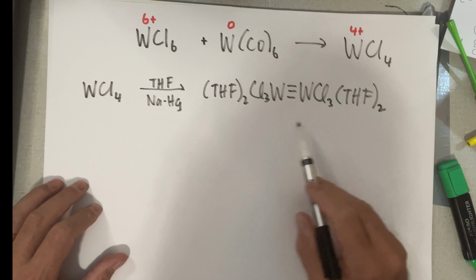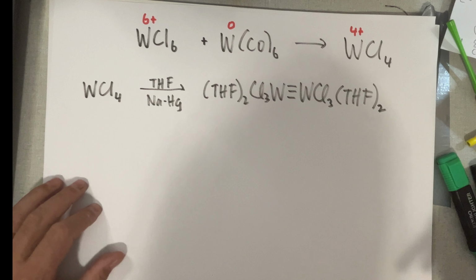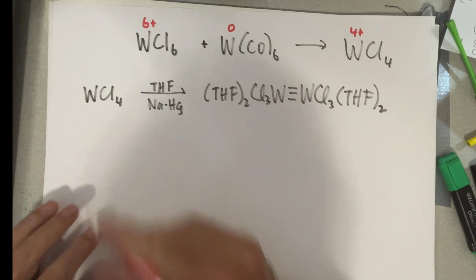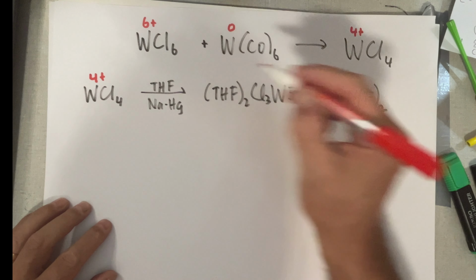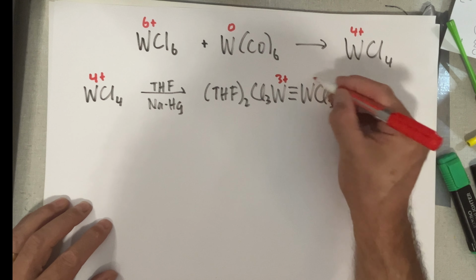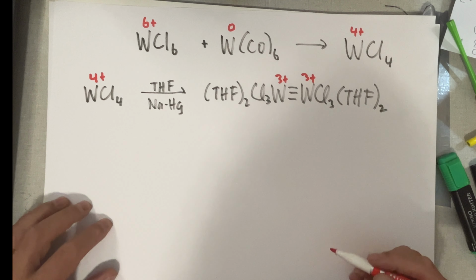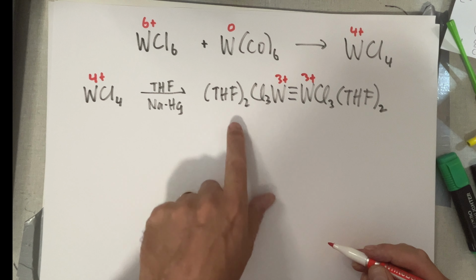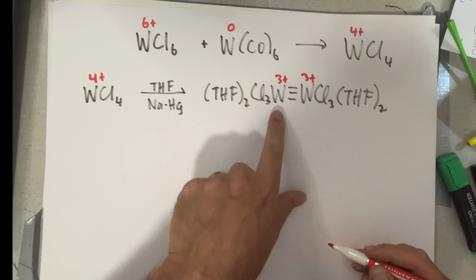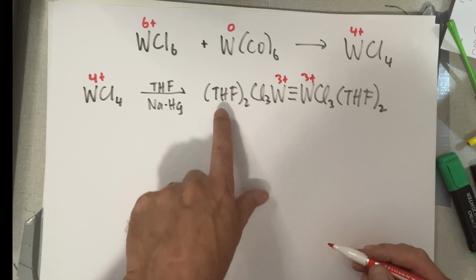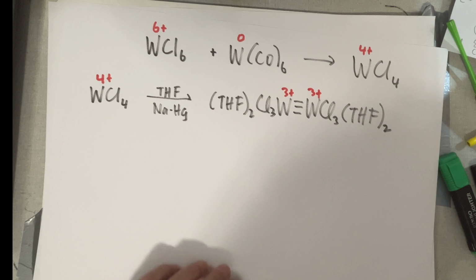So now you see a situation where you went from a reduction of 4+ to basically 3+ for each of the tungsten. And also this clearly is a 5-coordinate tungsten compound, because the two THF coordinate to it like that.